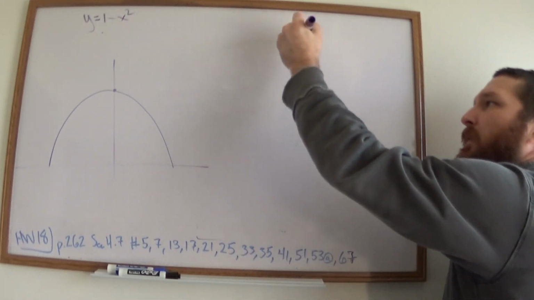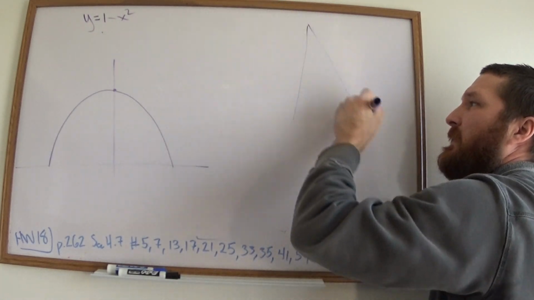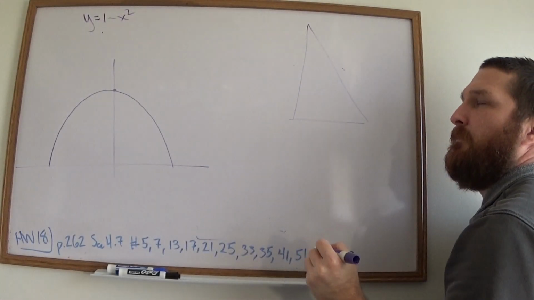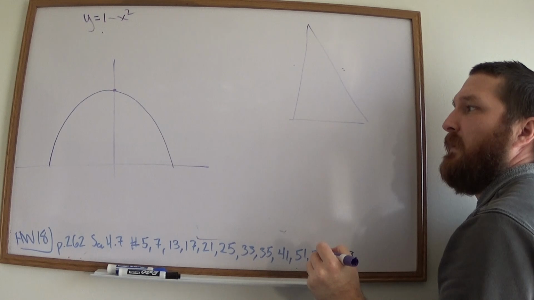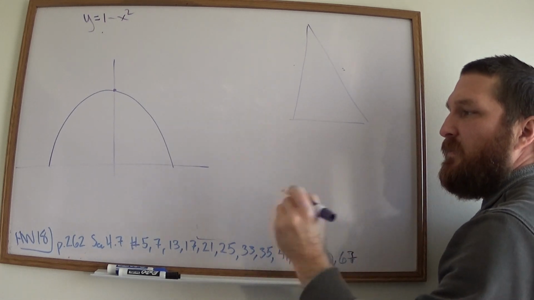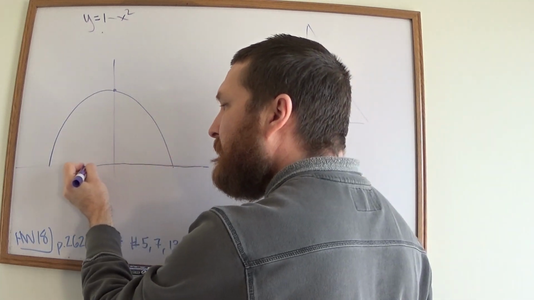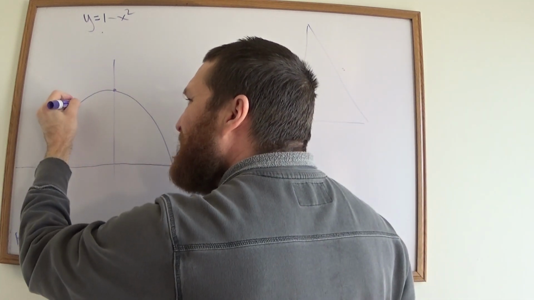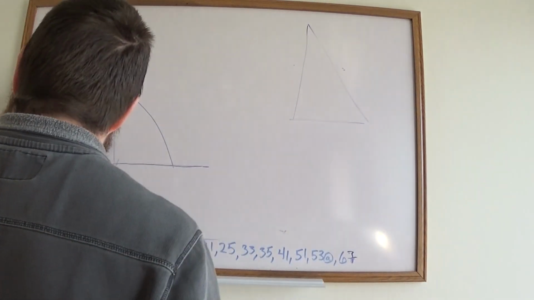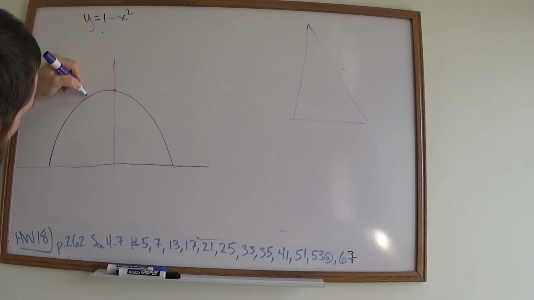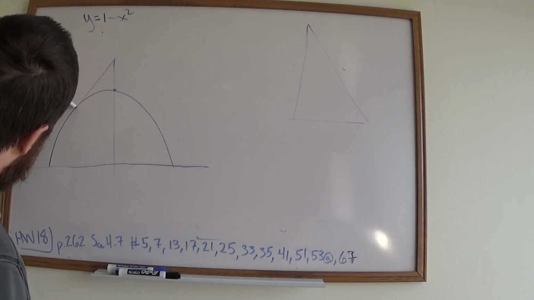And isosceles, by the way, isoskelos, same legs, so two of the sides are the same. Find a triangle whose base is on the x-axis and that inscribes the parabola.